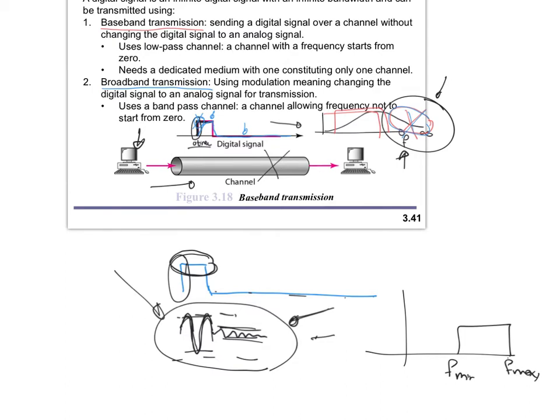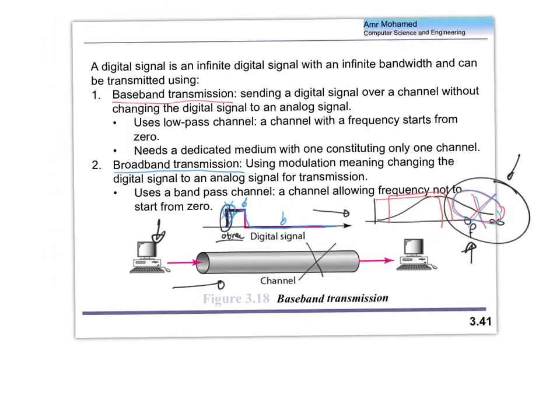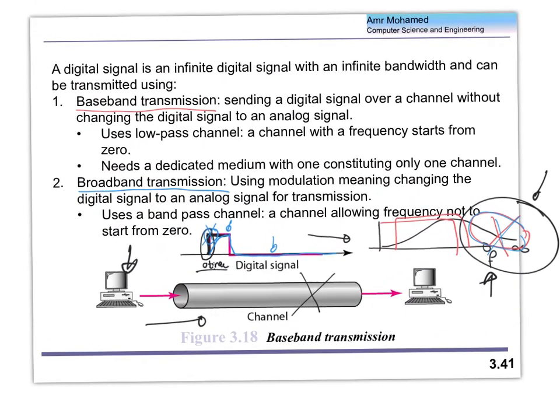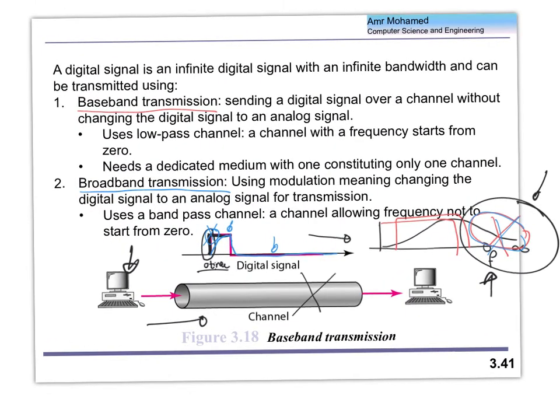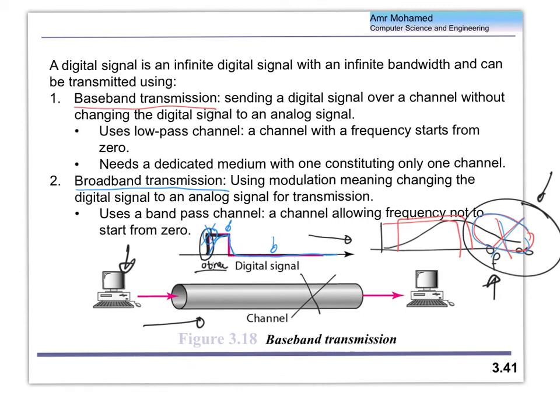What are some examples of baseband transmission? Well, almost all types of wired standards that we talked about use baseband transmission. All types of Ethernet, point to point, PPP, 802.3, all of them use baseband transmission.